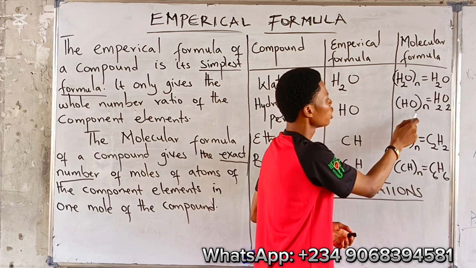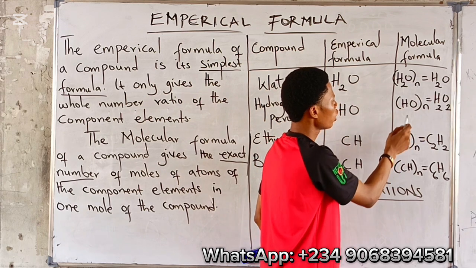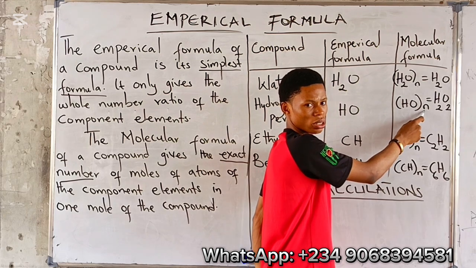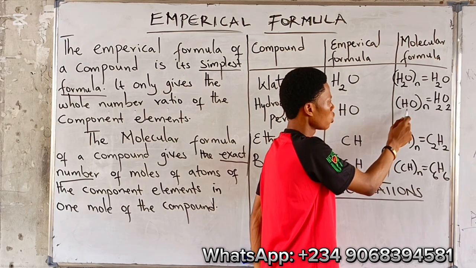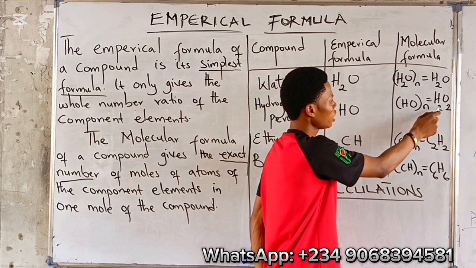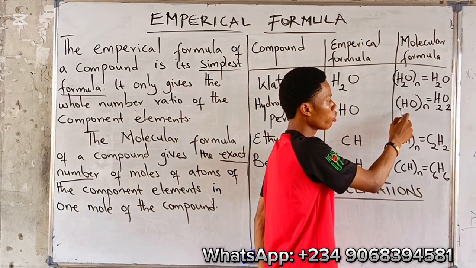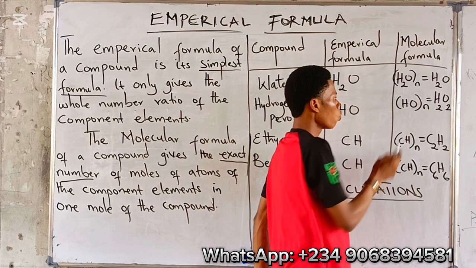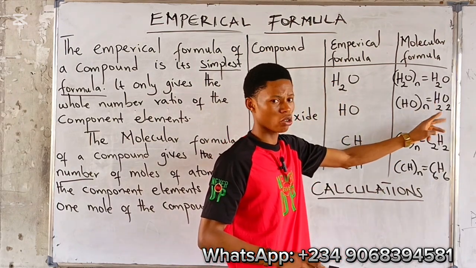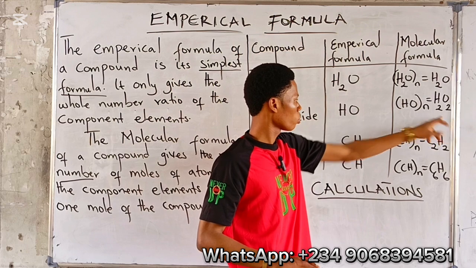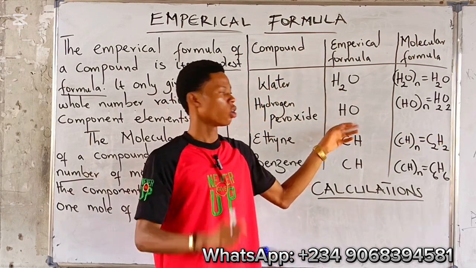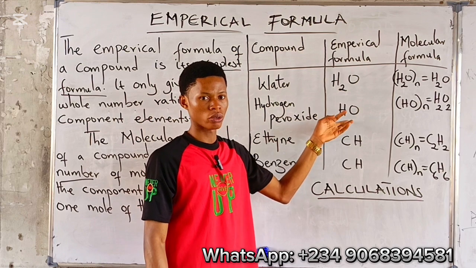To get the molecular formula, it is just the empirical formula times n, a number. So the empirical formula here was HO times n, and n here is 2, right? So when we open the bracket, we'll have H2O2. You can see that the molecular formula, H2O2, is giving us more information, while HO is just telling us the simplest ratio of the component elements in that compound.